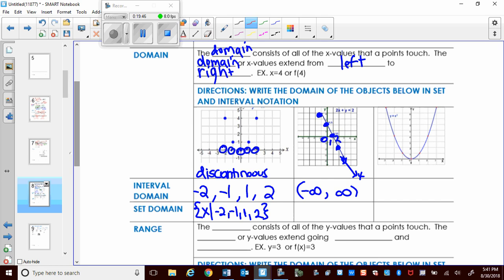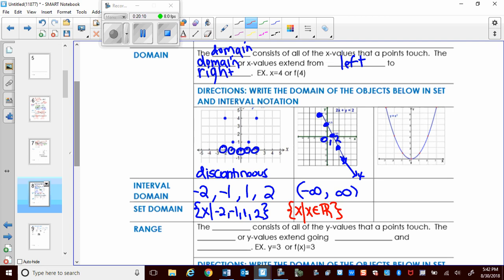Now, set notation, the way we indicate that these x values touch all real numbers is we actually write curly bracket x bar, x belongs to the reals, or x is all real numbers. Okay?